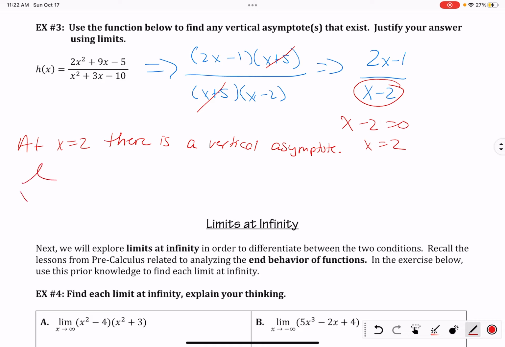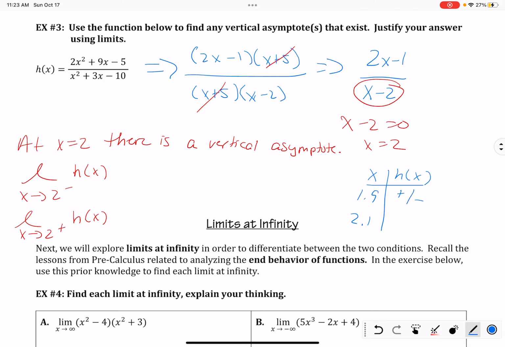So what we're going to have to do is look from the left, look from the right, and we'll say h, and I'm just going to organize it over here. So this is like x, this is like h of x. We'll plug in like 1.9 and 2.1, something like that.